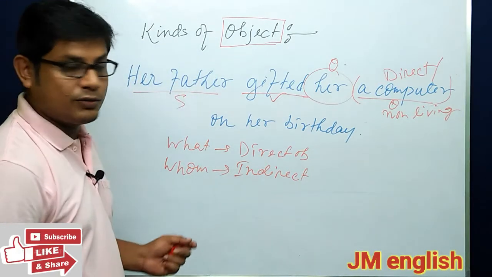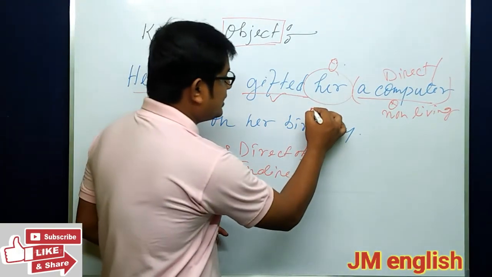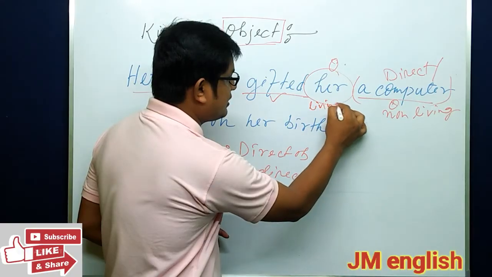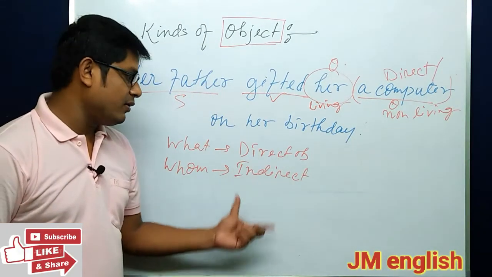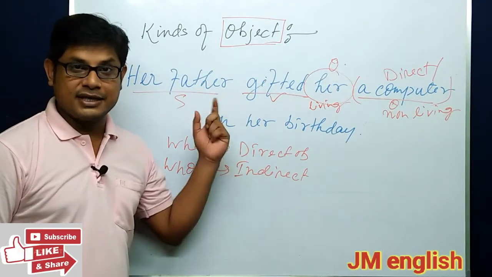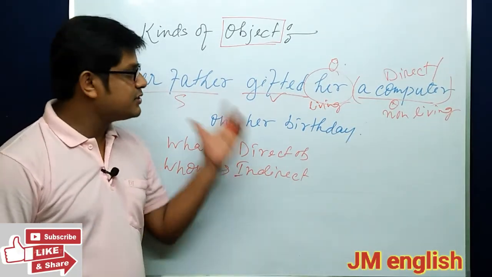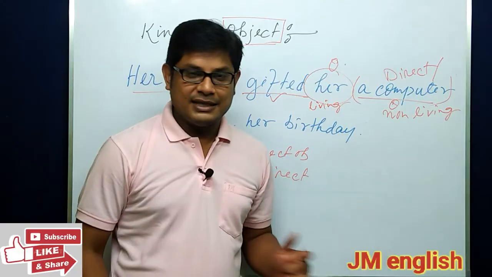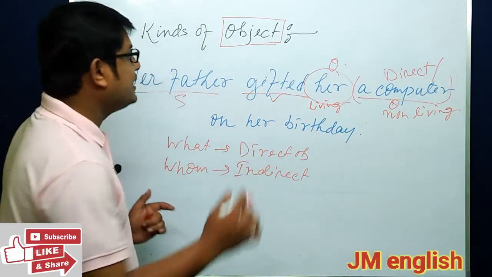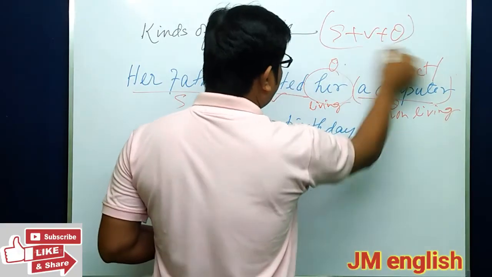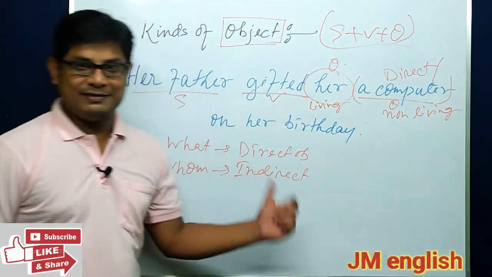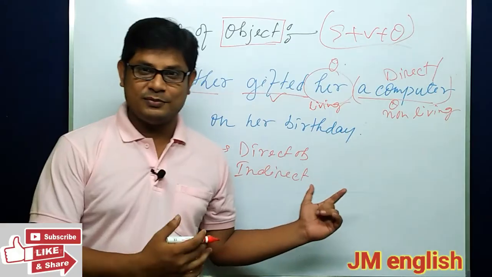And another name is living object. Okay, so this is all about living and non-living, or direct and indirect object. These are the kinds of object. Okay, so this is all about object. And just remember, the base is subject, verb and object, that we always know, but not every time.